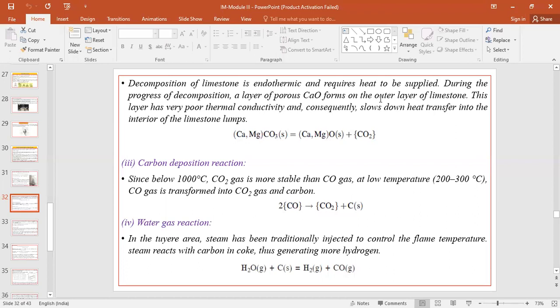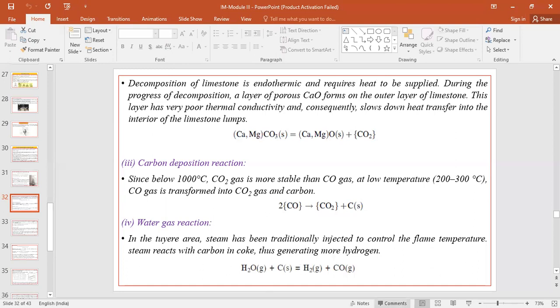Anyway, we have to keep the raft temperature within the acceptable limits. To lower those temperatures, we add some coolant, that is steam. Steam is traditionally injected to control the flame temperature, and when injected, it reacts with the carbon present in the coke in front of the tuyeres and forms two reducing gases.